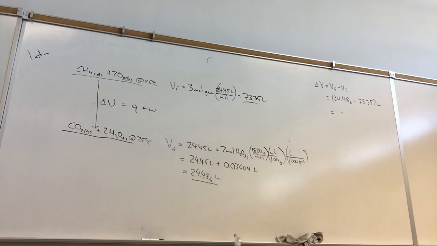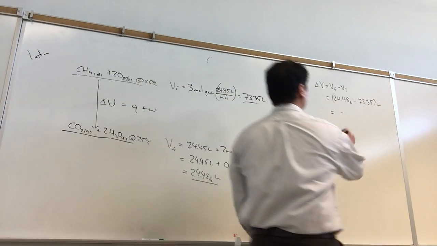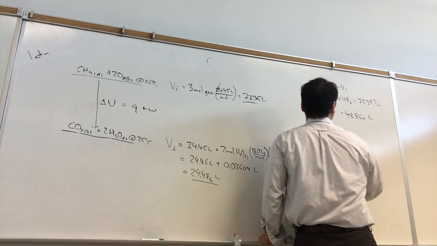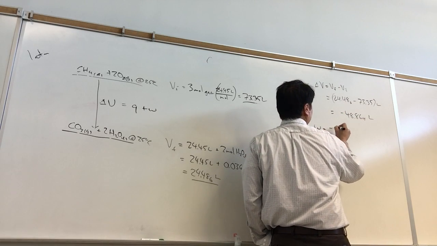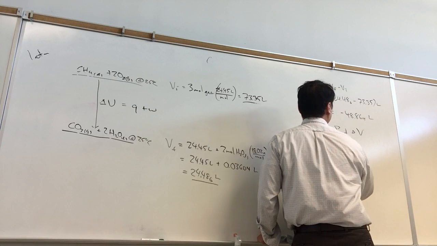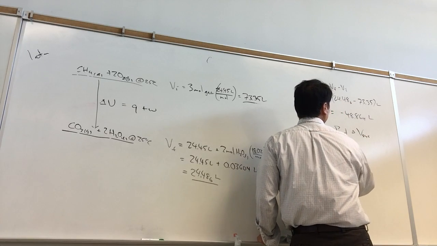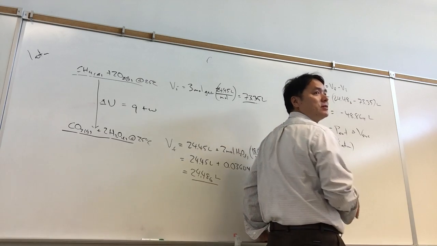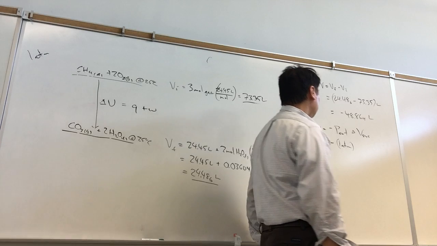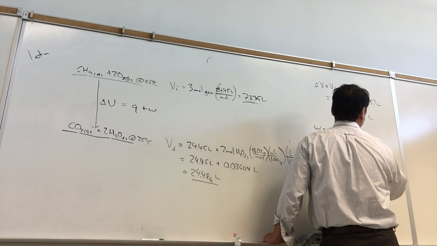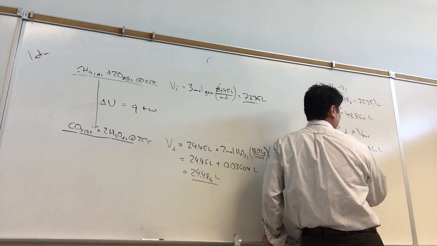Negative 48.864 liters. All right, the work is equal to minus P external delta V. And so delta V of the system. And so this is going to be minus, and this is 1 atmosphere. I'm just going to call it exactly 1 atmosphere because it's a normal pressure. Times a negative 48.864. But this is going to be in liter atmospheres.